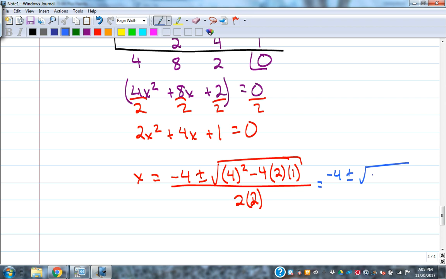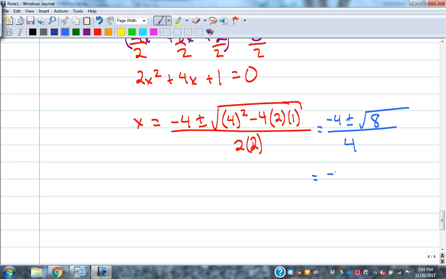So 16 minus 8 is 8. You got a 4 on the bottom. What's the square root of 8? Doesn't work out nice, so I've got to simplify. 2 radical 2. What do we know about all 3 of these numbers on the outside? They're all divisible by 2, so divide them all by 2. Negative 2 plus or minus 1 radical 2 over 2.